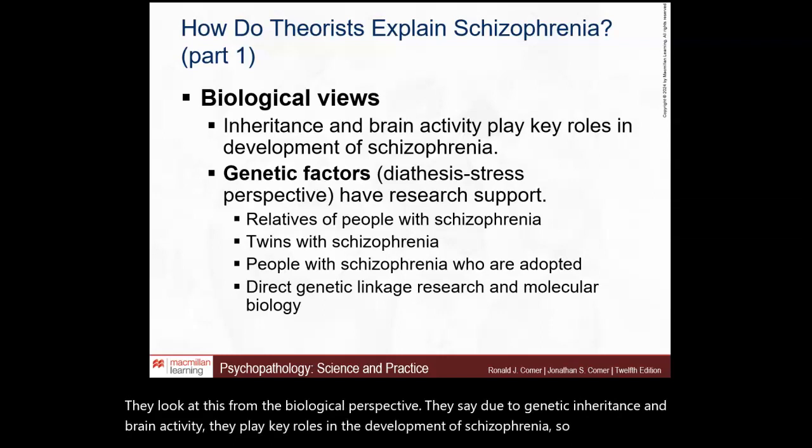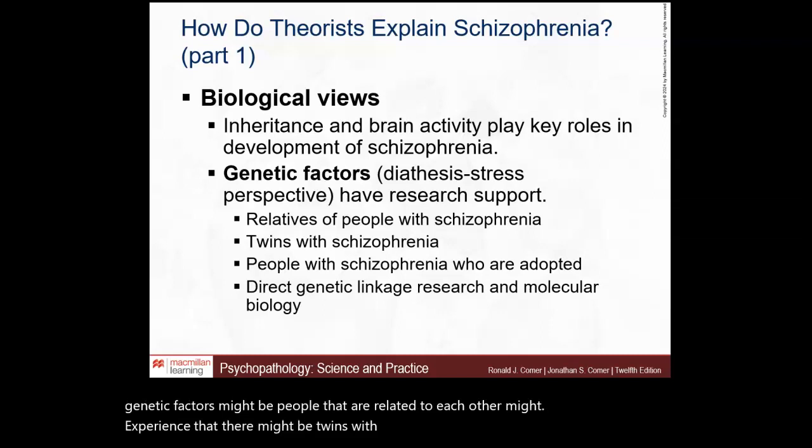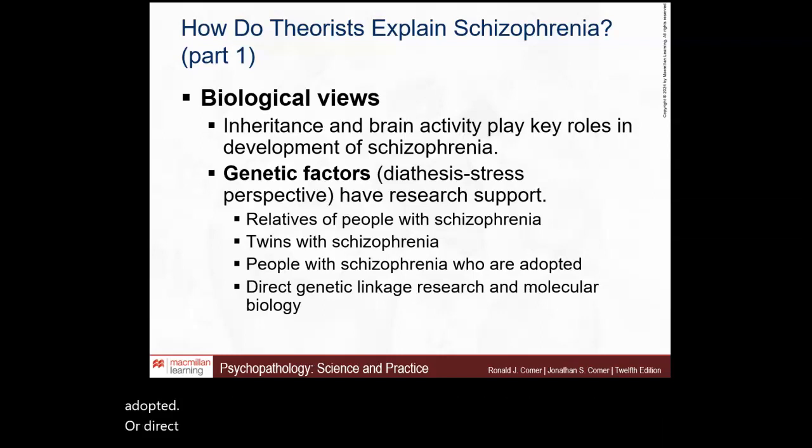Some of those genetic factors include people related to each other who might experience it, twins with schizophrenia, people with schizophrenia who are adopted, or direct genetic linkage research and molecular biology. That's how this all overlaps.